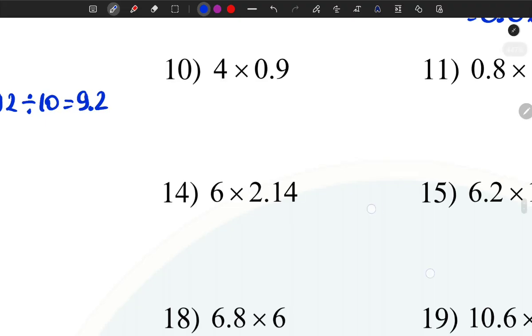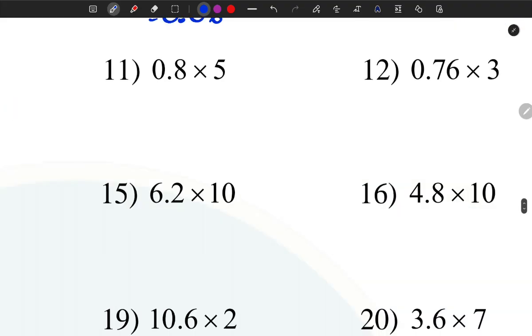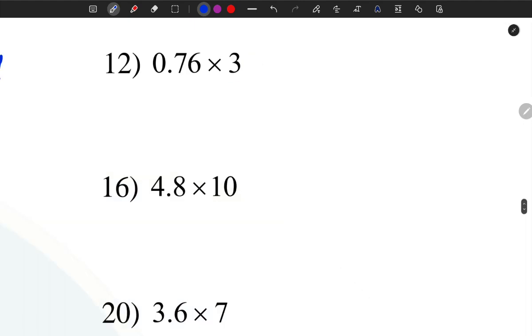This one is so easy. 4 multiplied by 0.9 gives us 3.6. Then 0.8 multiplied by 5 gives us 4.